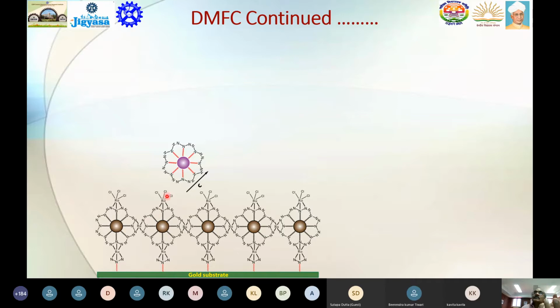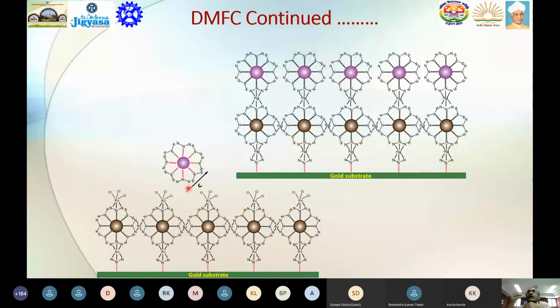The moment I put a transition metal between these two, they nicely self-assemble. So now I have self-assembly of ruthenium as well as platinum, again connected by metal ruthenium. These are ruthenium nanoparticle and platinum nanoparticle connected to each other through terpyridine linkage, and they are connected with the metal ruthenium.